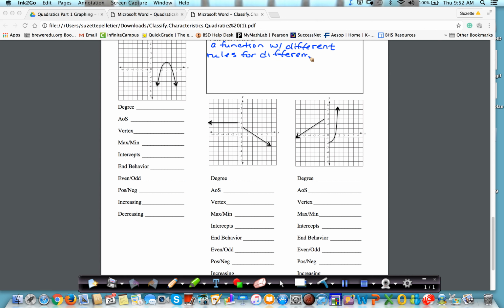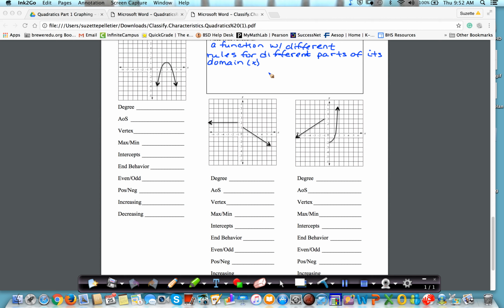Remember, domain is x. So you can see that there's two parts to each of these functions. They have different rules. Different things are happening for those sections, right?